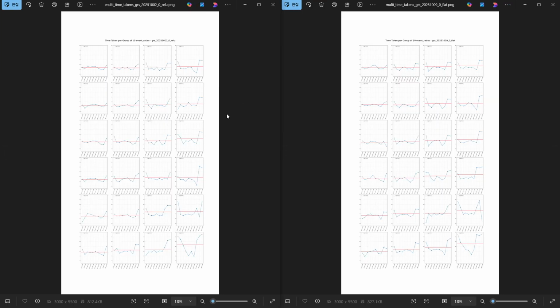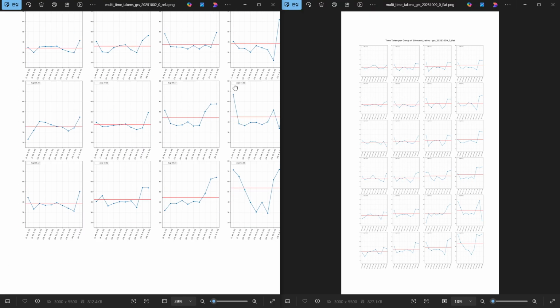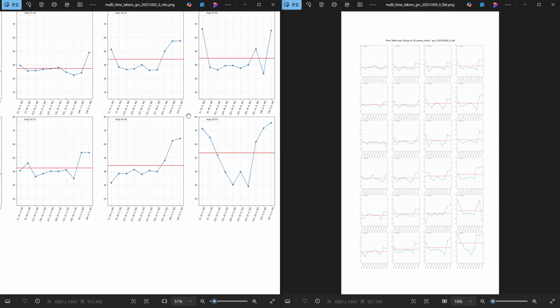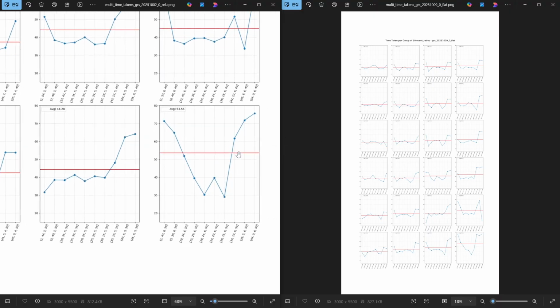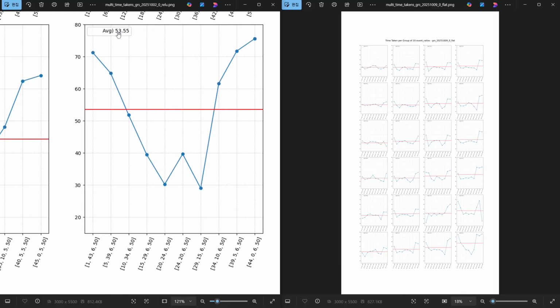So on the left here is for the first of the ReLU weights, and these are all in seconds. So this, for example, these 10 had an average of 53.55 seconds to complete.